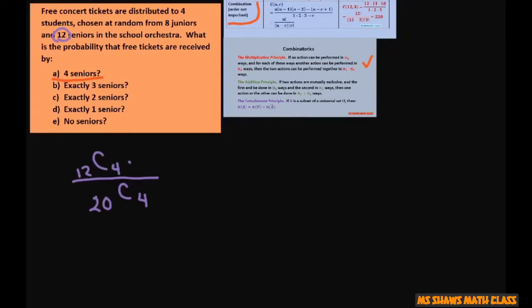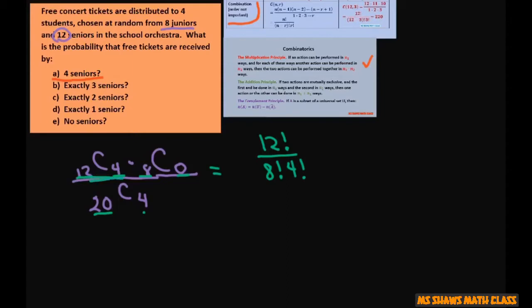And then you multiply it by the juniors. So there's 8 total juniors, and we're choosing 0. Notice that these two numbers add up to 20, and these two numbers add up to 4. So simplifying this, using our formula, we're going to get 12 factorial divided by 8 factorial times 4 factorial.